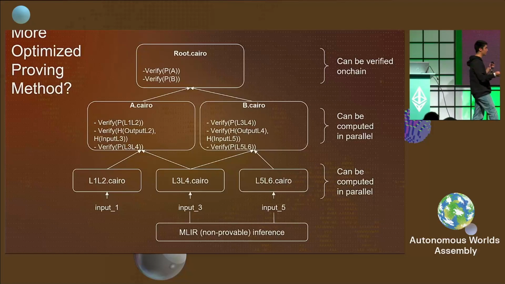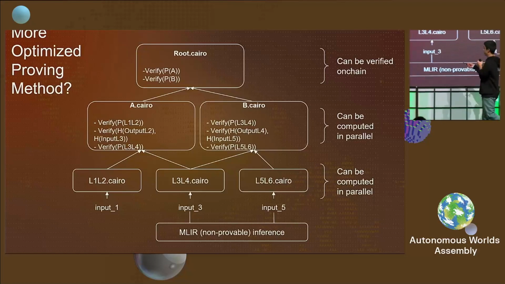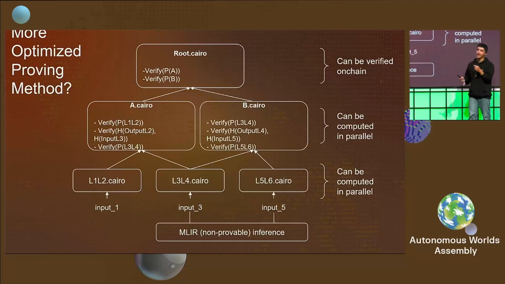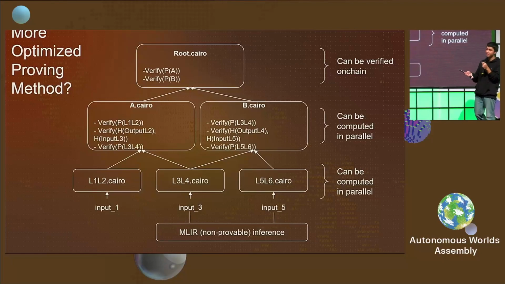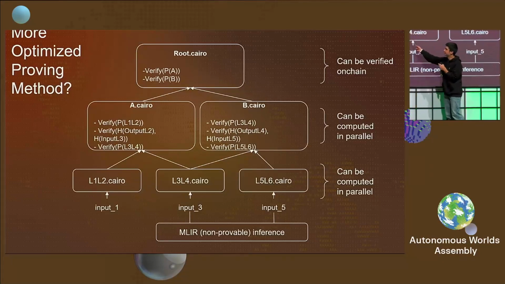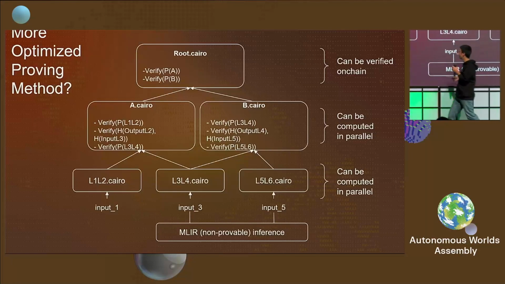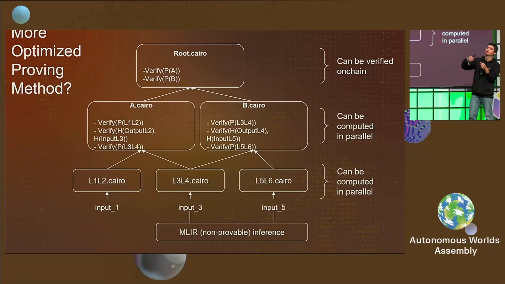Additionally, something that we utilize, which I think is an awesome invention, is that we use MLIR, which is a really fast way to compute inferences, but unfortunately isn't provable, to find out what the output of layer 2 and what the output of layer 4 would be without actually running the proving time.